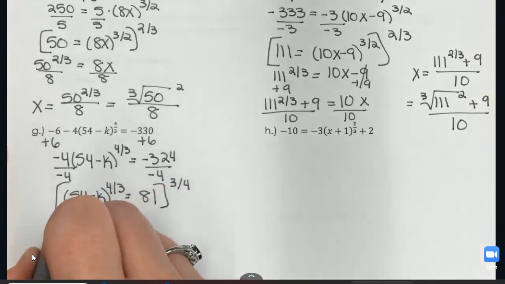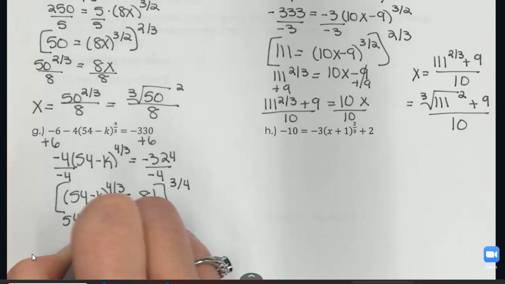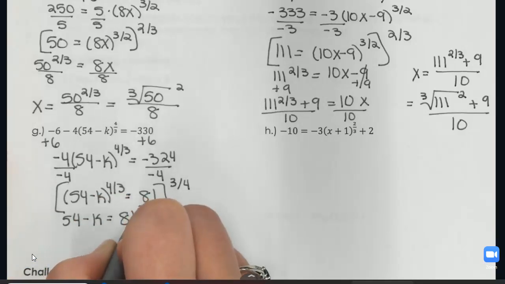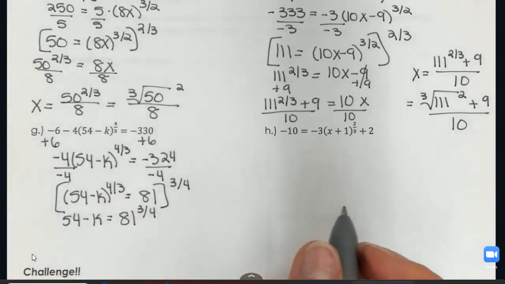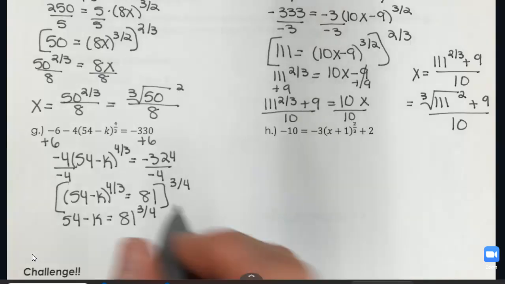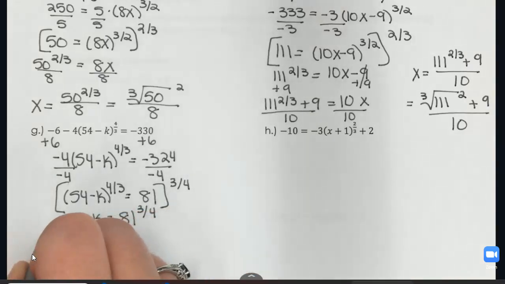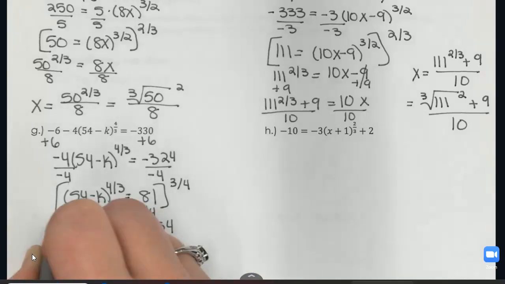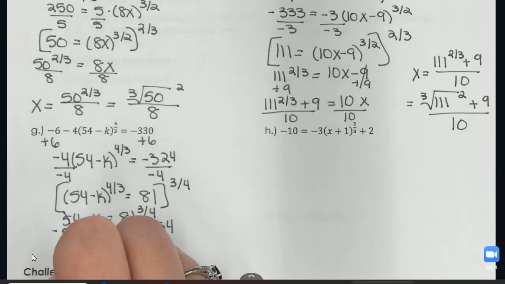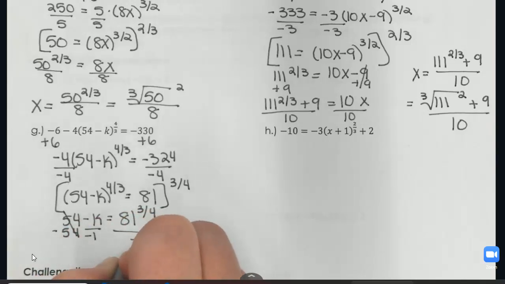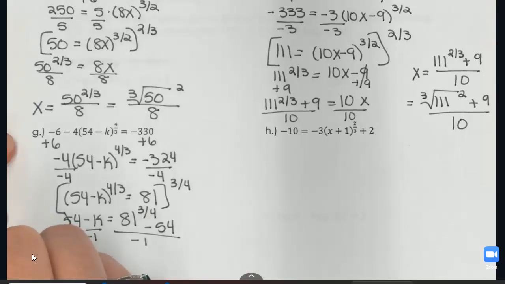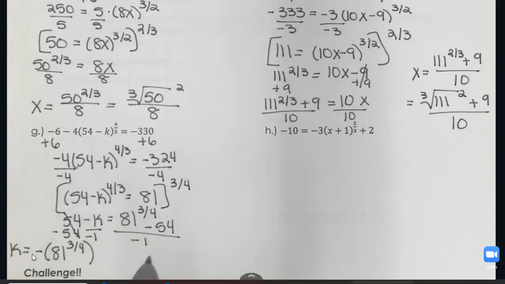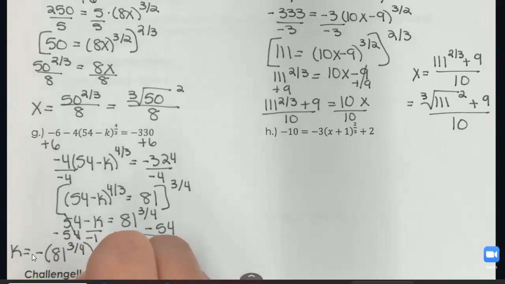So this becomes an exponent of 1. 54 minus k equals 81 to the 3/4 power. And then I am going to subtract 54, and then divide everything by -1 to get that positive k. So what that's going to do is change the sign of everything. So k will be negative of whatever 81 to the 3/4 power is plus 54.